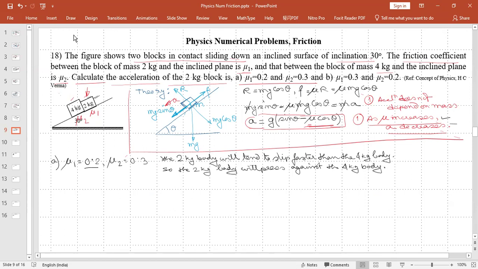This 2 kg body presses against the 4 kg body. What does it mean? It means that both of them will come down together.